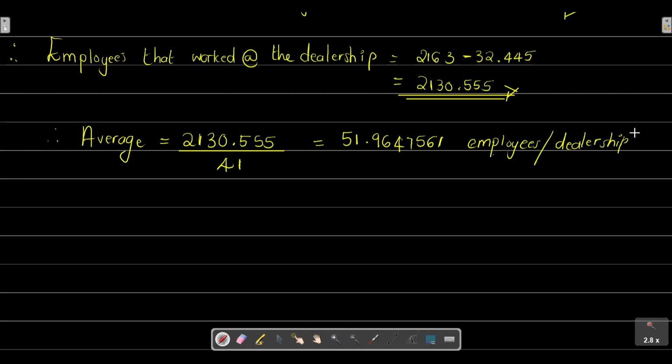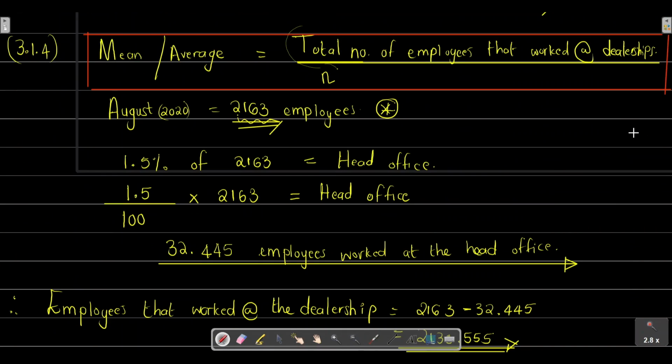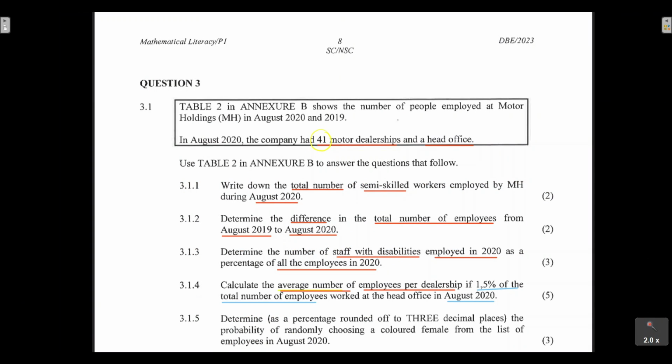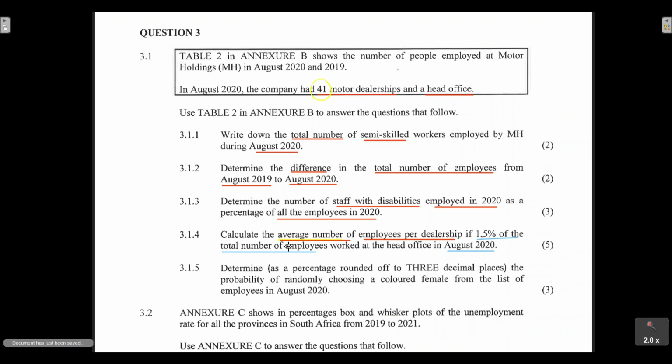All right, I hope this one was nice. I think it could be a bit confusing, where you need to realize that you first need to calculate how many total employees there were. Then from there, use the information that was given, that 1.5% of the total employees worked at the head office, to determine how many employees we had at the head office.